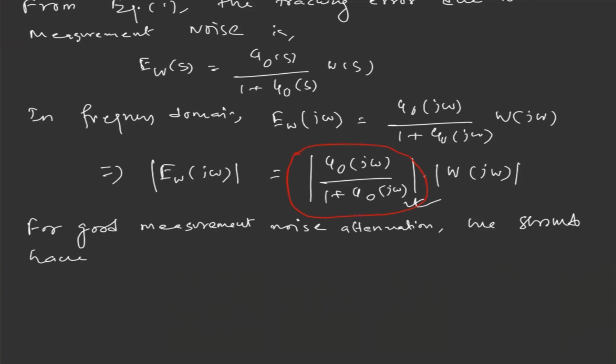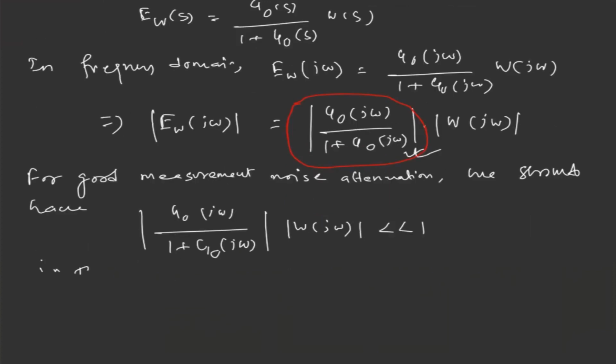So we can write that G naught(j omega) over 1 plus G naught(j omega) should be very low in magnitude in the high frequency range. So this is how we can tackle the measurement noise in the system.